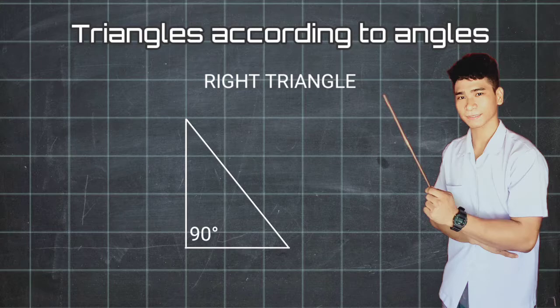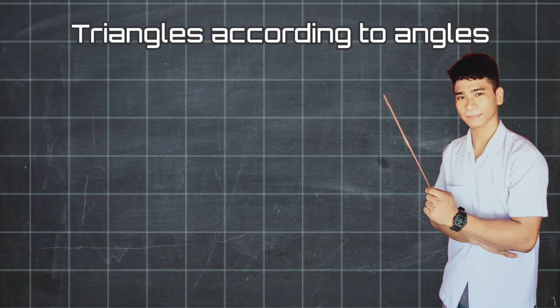So these are the vertices of this right triangle: point A, point B, and point C. Let's move to the obtuse triangle. For this obtuse triangle, one of its angles is obtuse. So it means one angle is greater than 90 degrees but less than 180 degrees.